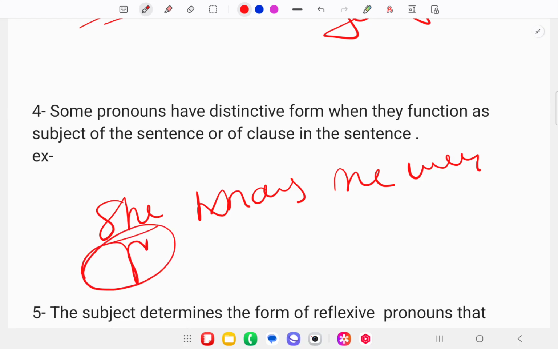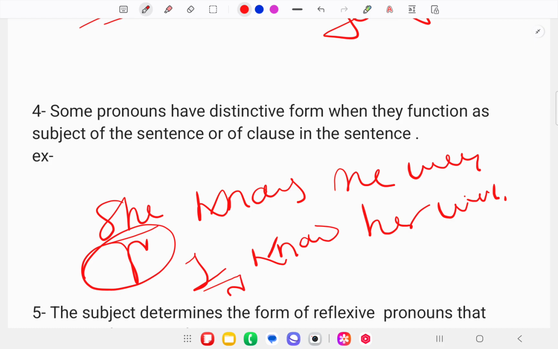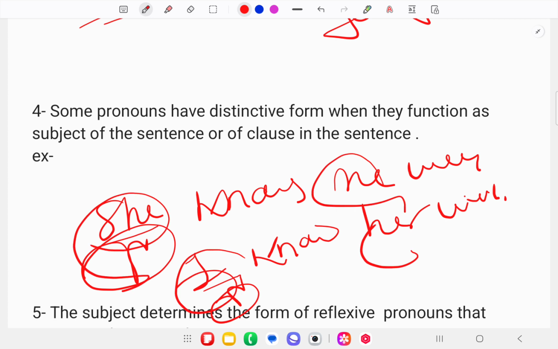If I say "I know her well," then this also means that this is the subject. So according to this rule, some pronouns have a distinctive form when they function as the subject of the sentence or a clause in the sentence.